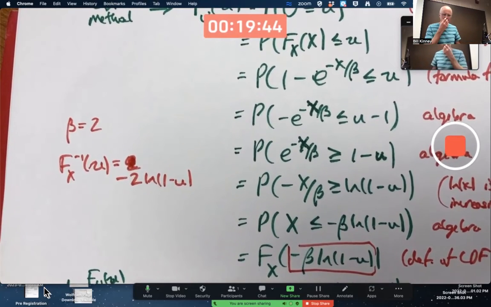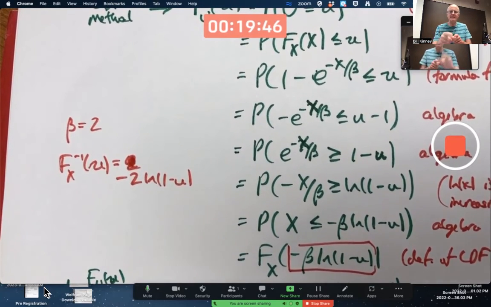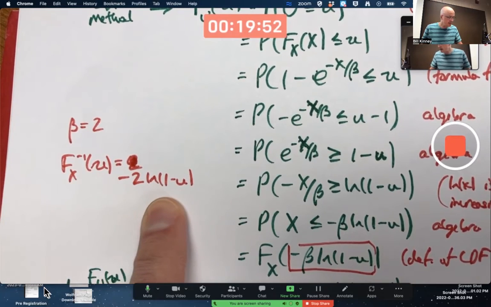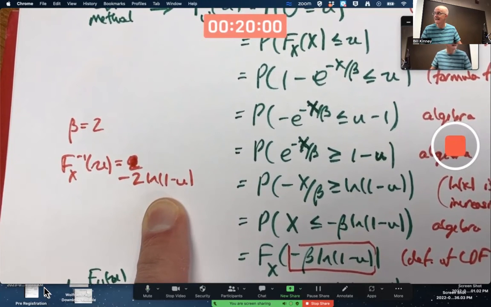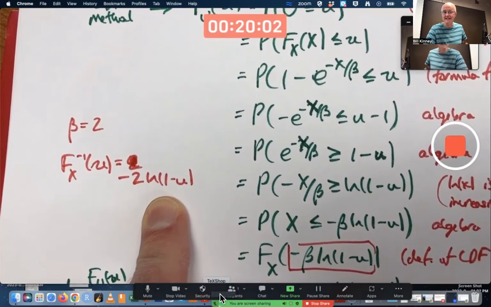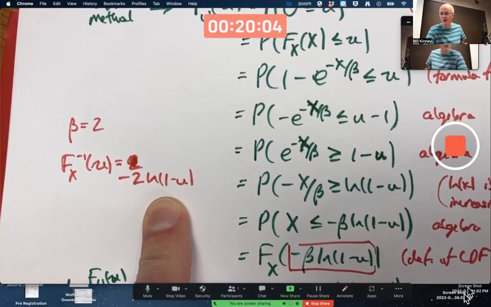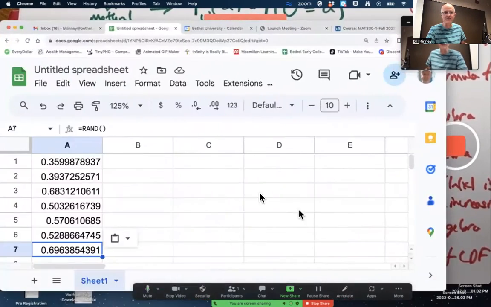So what am I trying to get at here? If we can simulate values of u with equals RAND in the spreadsheet, we can plug those numbers into this function and get simulated values of x, maybe. Should we try it? Negative 2 ln of 1 minus u, go back to the spreadsheet.